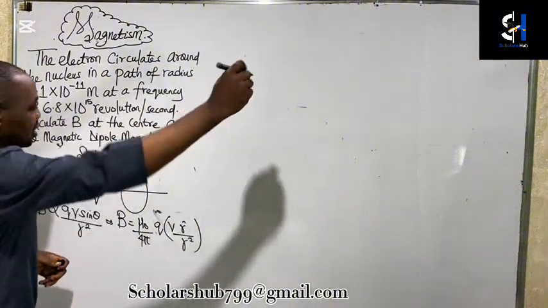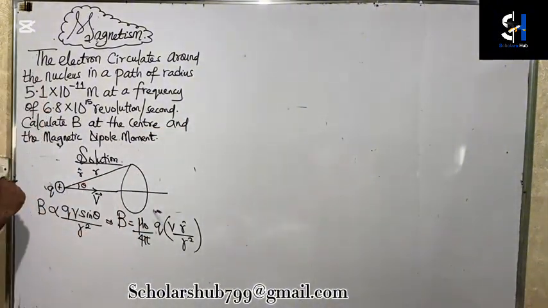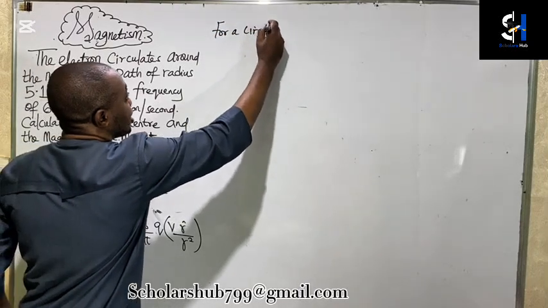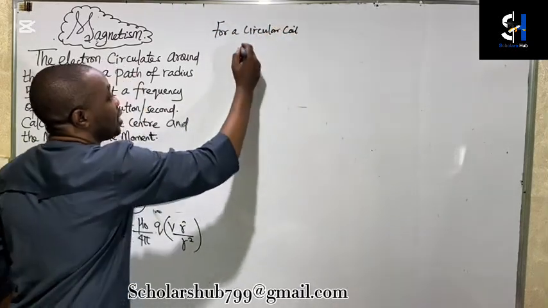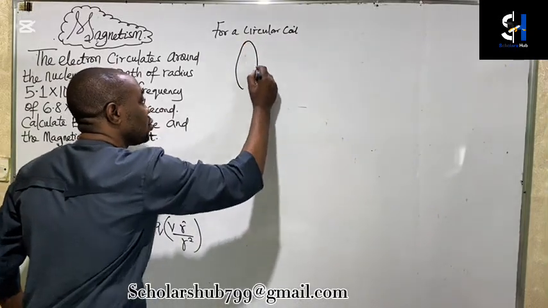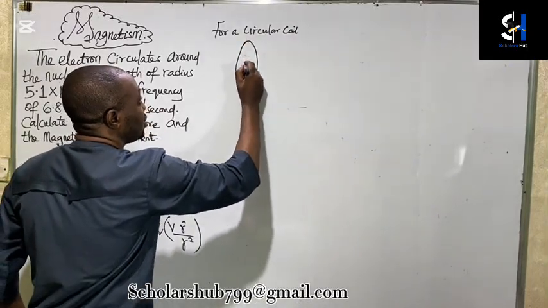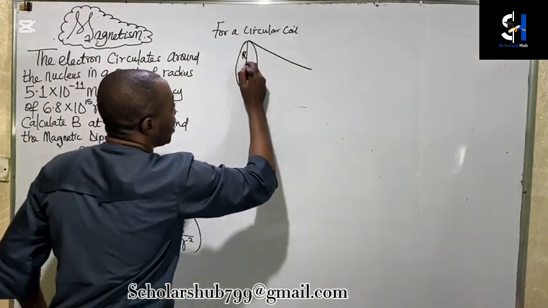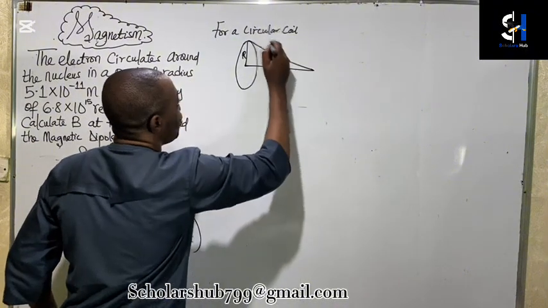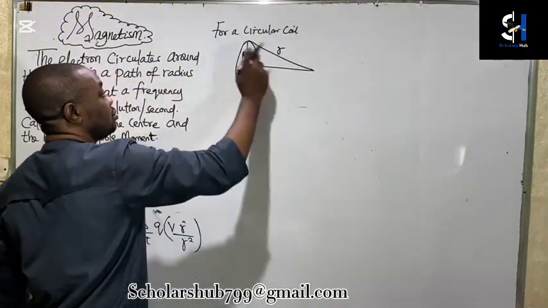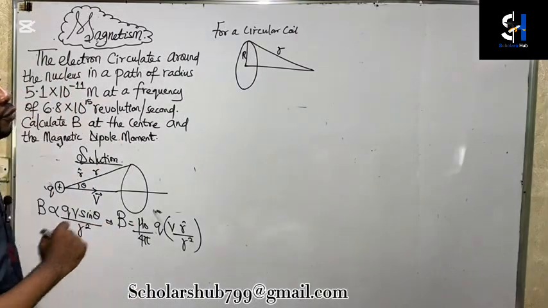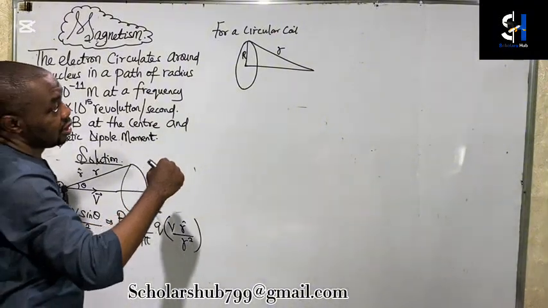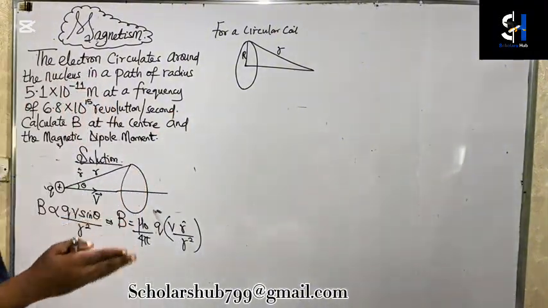So we're going to have here, for a circular coil, let's say this is a circular coil. Now this is the radius of the circular coil. Now we have the distance from the current element to the point where the magnetic field is formed.